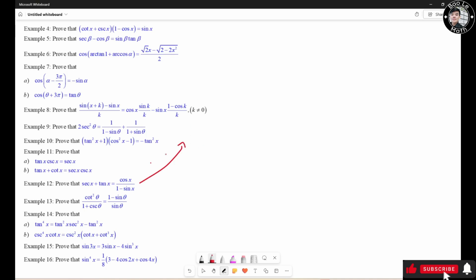So we have secant s plus tangent s. It's going to be 1 over cosine s plus sine s over cosine s, right? And then this guy has the same denominator, right? So I just rewrite this one as 1 plus sine s over cosine s, right?